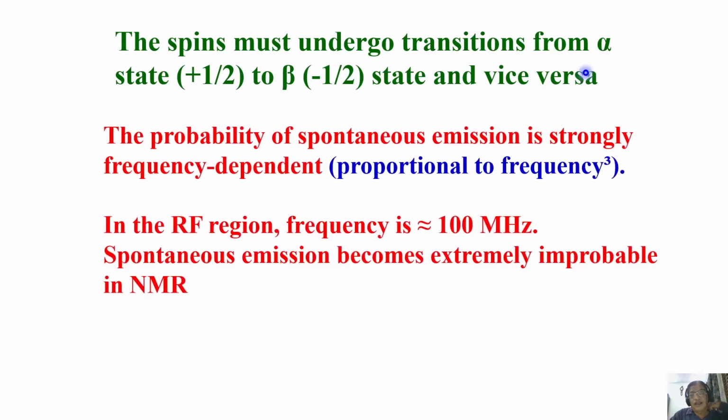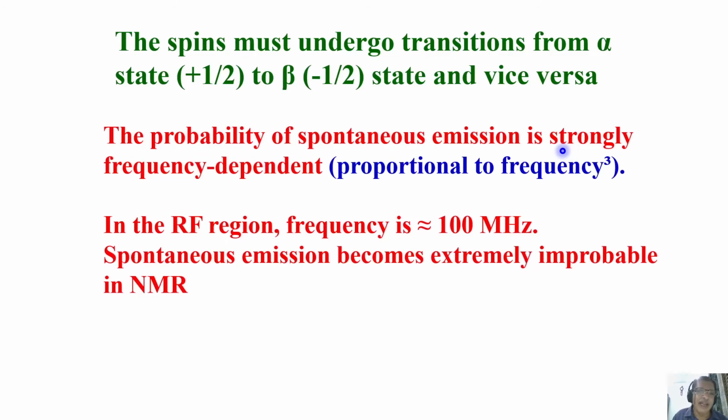But how do the spins undergo transition from alpha to beta and beta to alpha? Remember, the probability of spontaneous emission is strongly frequency dependent. There are at least two or three ways which you must know. One is spontaneous emission from one state to another state.